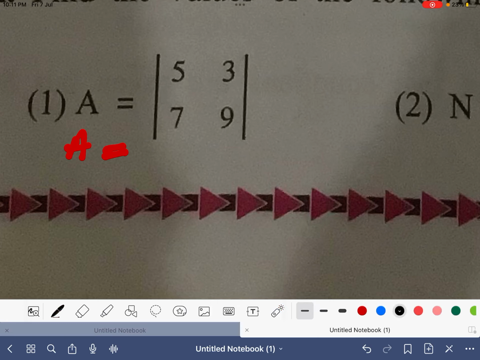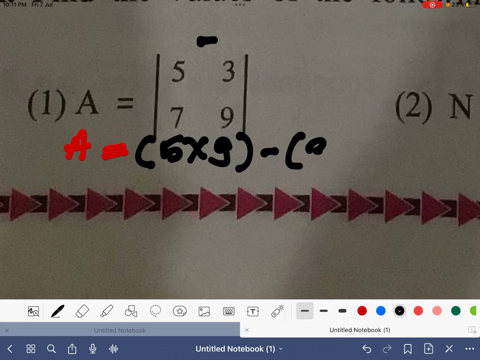Now simply put a bracket. So 5 into 9, write down 5 multiplied by 9. Bracket complete. Now in between these two, always keep in mind we have to put a minus sign. So minus 3 multiplied by 7. Clear?